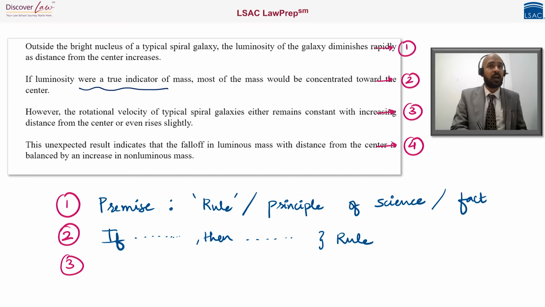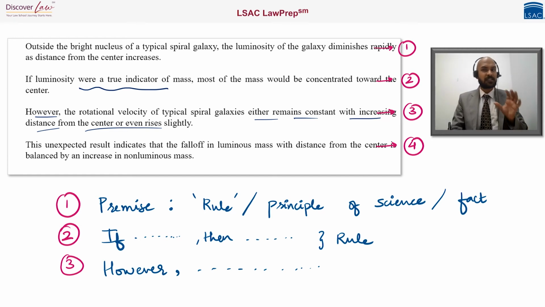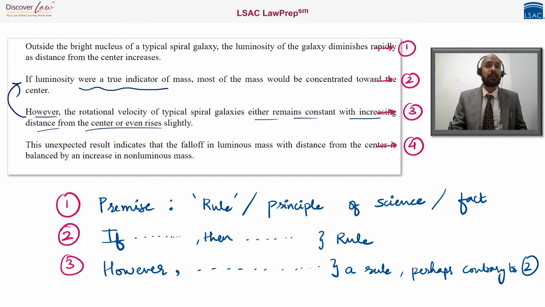It says, however, the rotational velocity of a typical spiral galaxy remains constant with increasing distance or even rises slightly. Now, when you're saying however, perhaps it's going something contrary to what we've seen here. We understand that, and it's maybe a rule. Whatever.